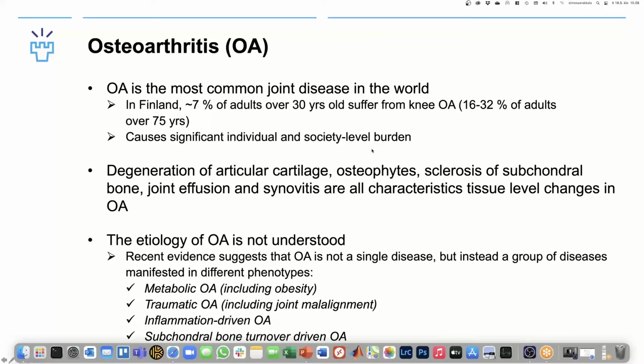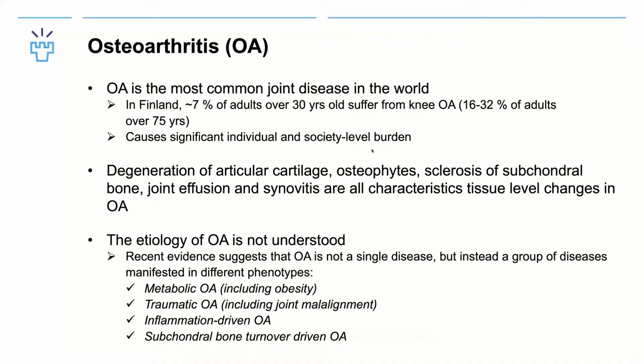At tissue level, degeneration of articular cartilage tissue, osteophytes, sclerosis of subchondral bone, joint effusion, and synovitis are all characteristic tissue level changes in osteoarthritis.